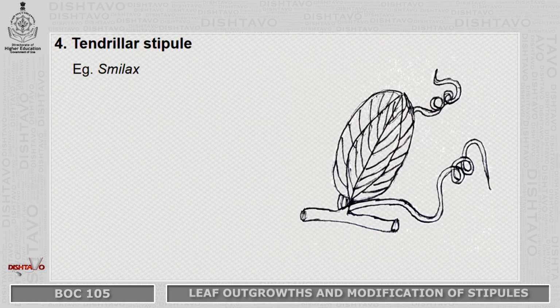You can see in the picture there is a large leaf, and then you see coiling structures which are coiled around into a fine thread-like structure, as seen in the Smilax plant. So, what is the use of these tendrillar stipules? The tendrillar stipules help in giving mechanical support to the plant.